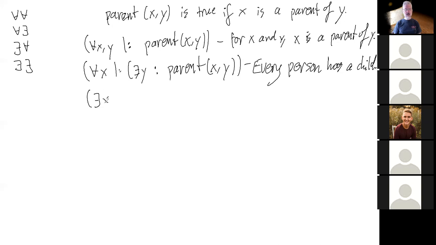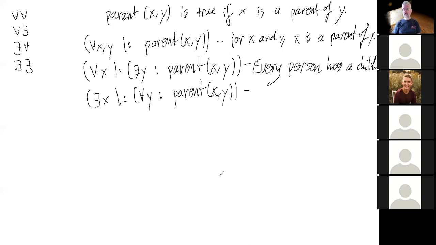Then exists X for all Y, parent X Y. What does that mean? Anybody? Does that mean there is a parent who for every child? Almost. It depends on what you mean by that. Do you mean every child has a parent? Because this doesn't quite say that.